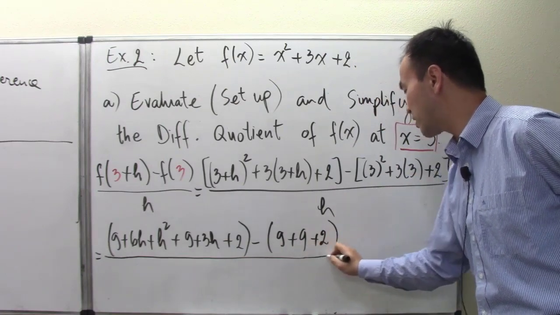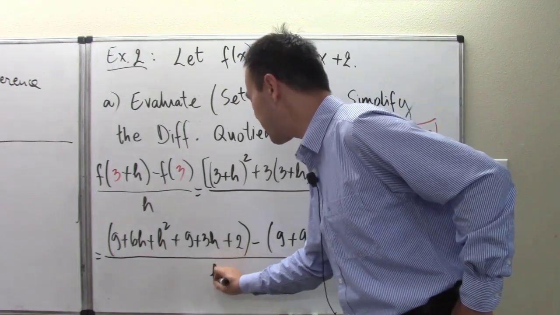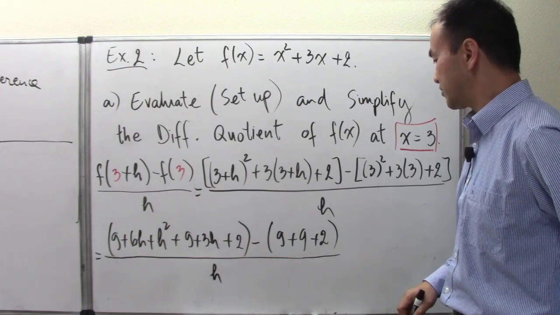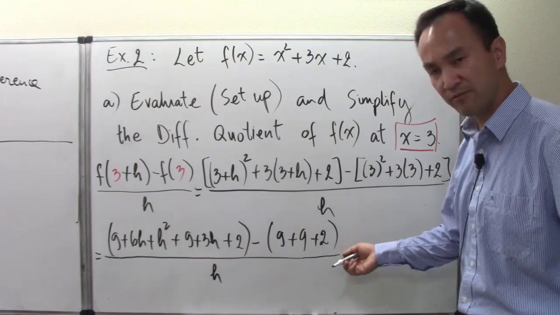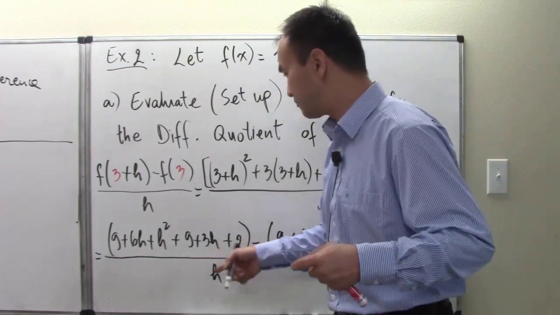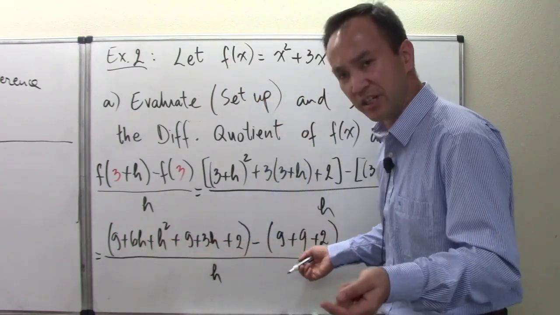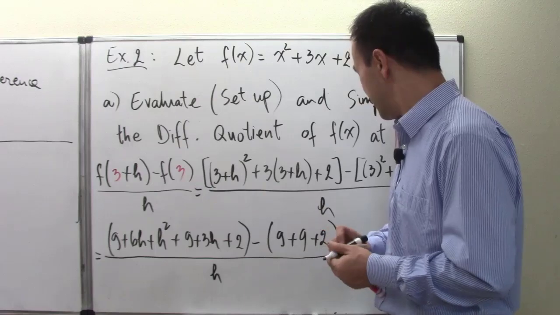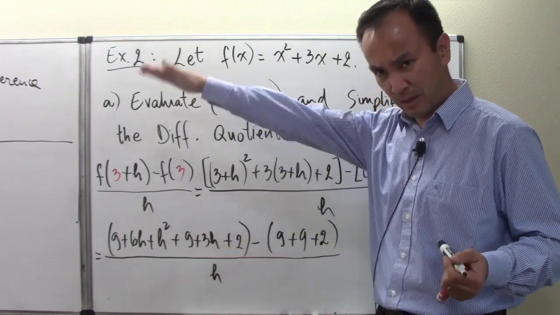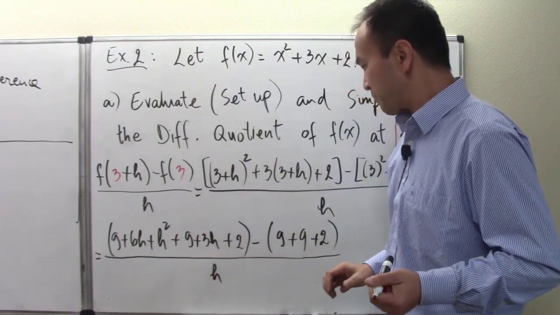Step by step, we're working things out, over h. At this point we're going to have a lot of like terms to combine, and opposite terms to cancel. I'm starting to run out of space, so I'm going to move over to the other board.